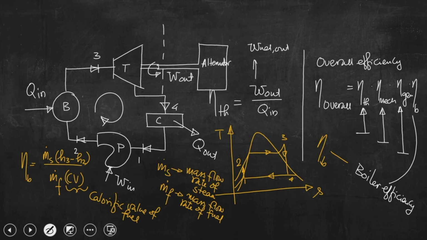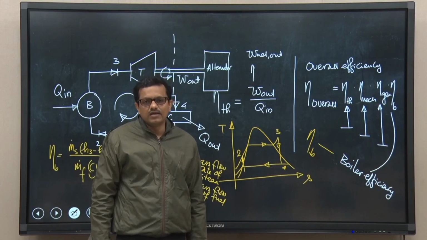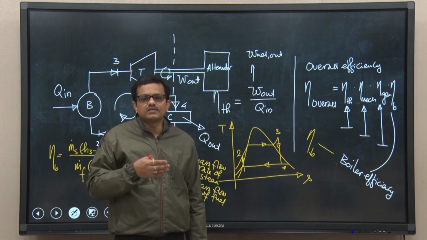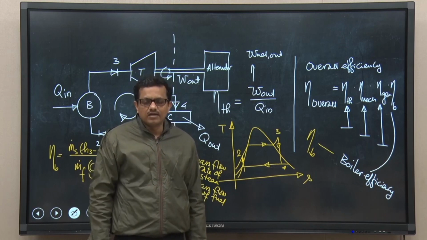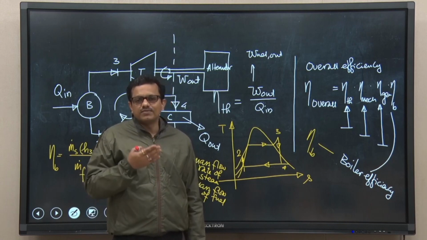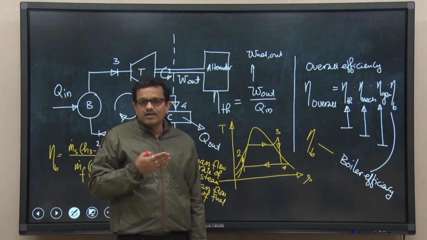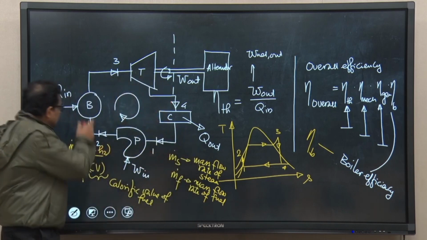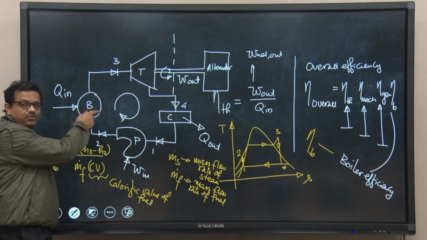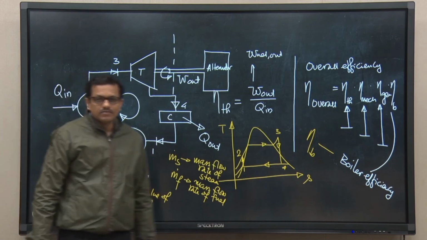If we need to do so, we also need to know the several processes and components inside the boiler. That means, we need to know the configuration of the boiler, and by this time we have understood that this is a heat interacting device.